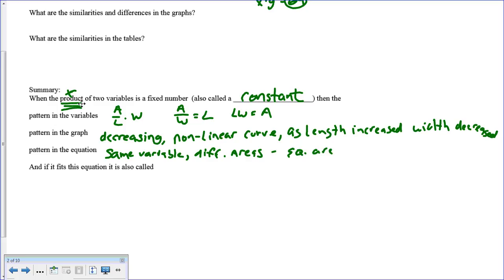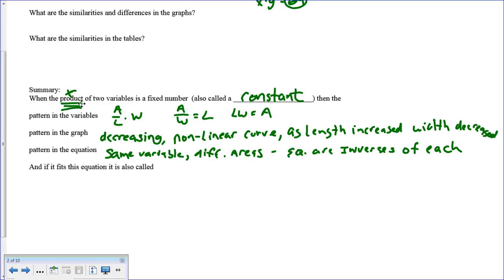The equations are inverses of each other, right? I could take that x times y equals my area, divide both sides by x, and now I just solve for my y. That's how you could find just one of them. Or I could solve for x and find just one of them. So they're all inverses of each other.